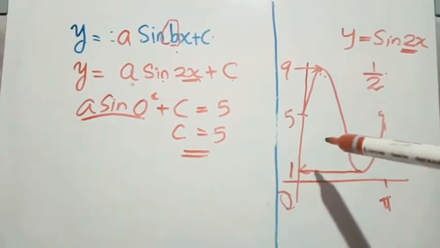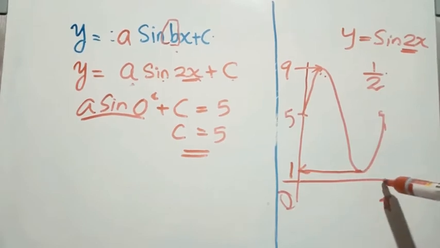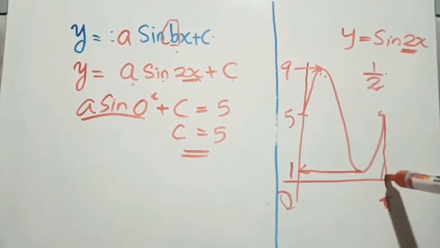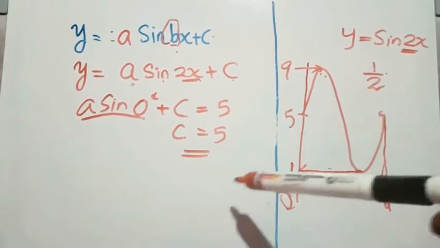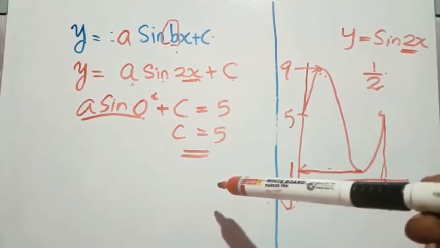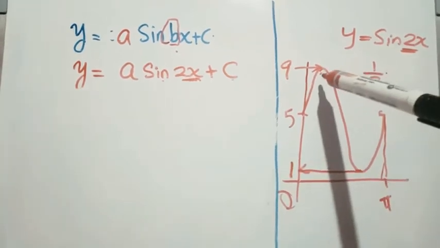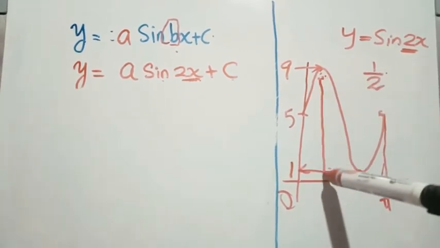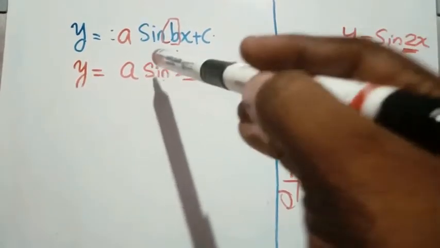The same way you can get the value for a when you take x as pi radian or x as pi by 2 radian, etc. For that you can take this pi by 4 value. Suppose x is pi by 4.